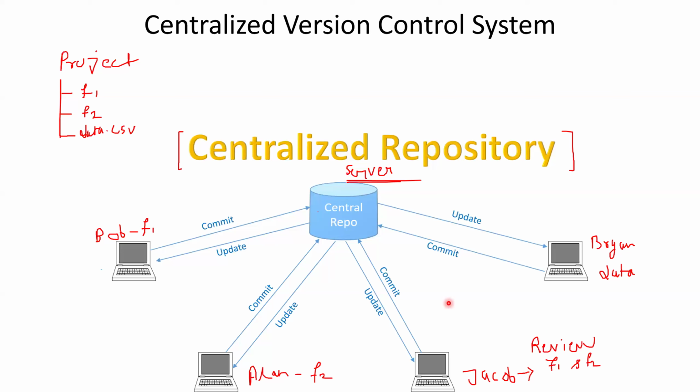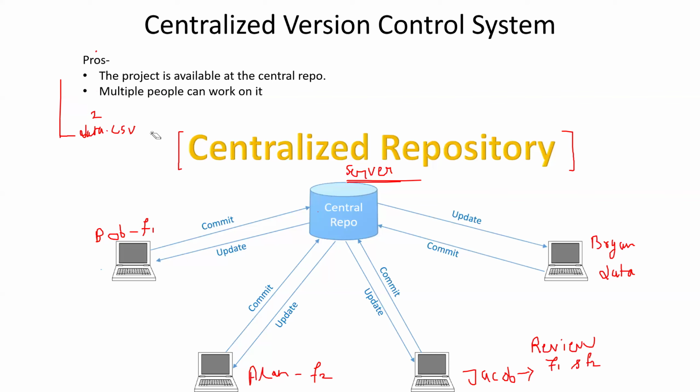Now, what are the pros of the centralized system? The pro is that the project is available at the central repo, and multiple people can work on it. In local version control, that was not possible.